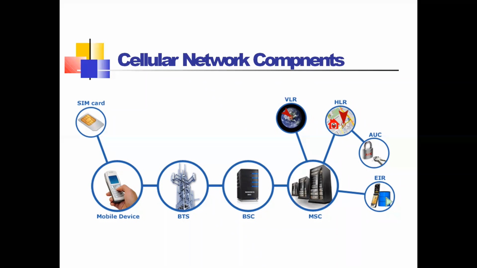These mobile switching centers have different parts, like VLR, EIR, different types of registers to maintain the database regarding the subscribers of the mobile network. The mobile switching center is also connected to the PSTN, right, to the internet and landline, the public switched telephone network. And this is the basic cellular network.